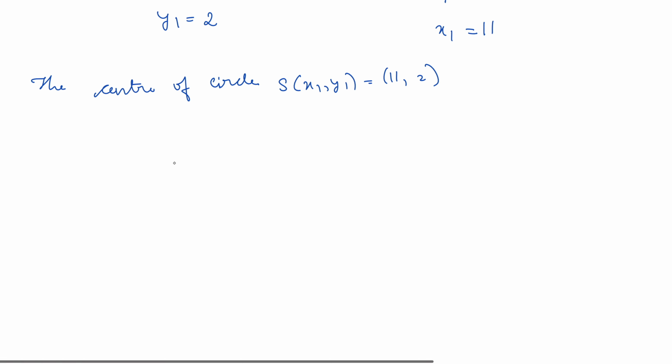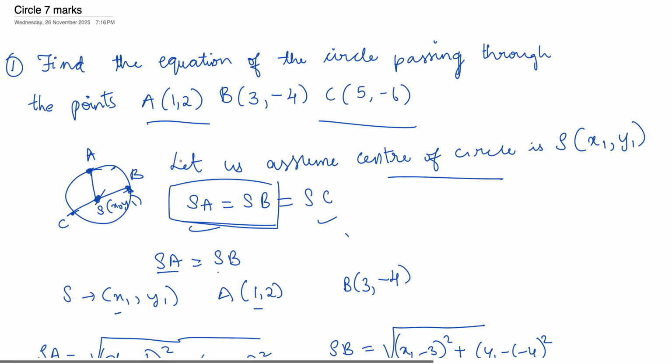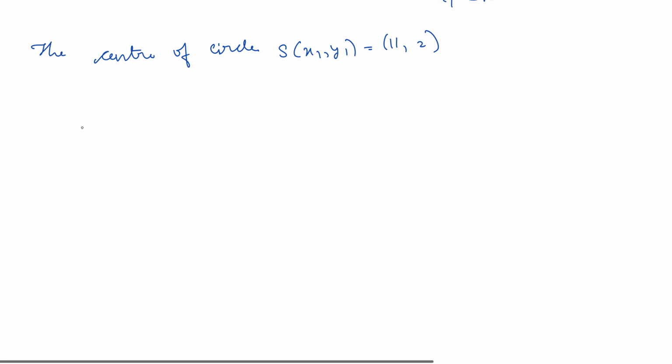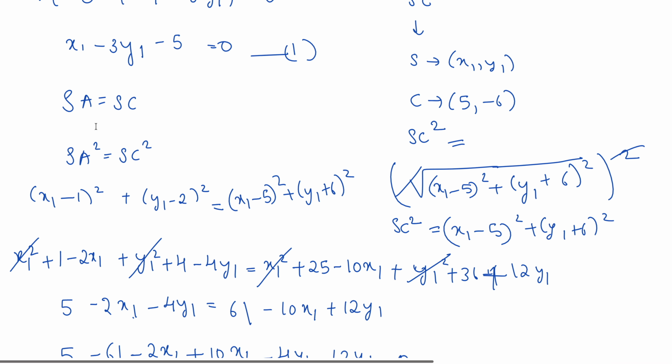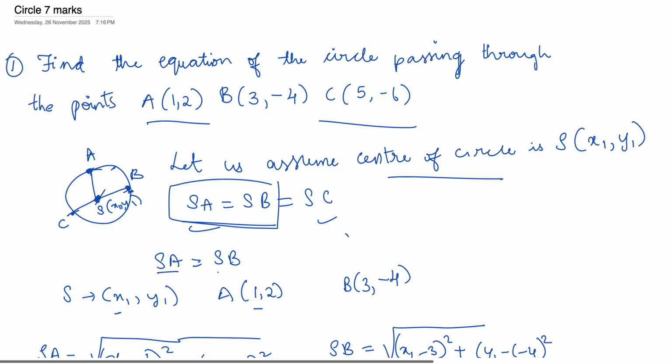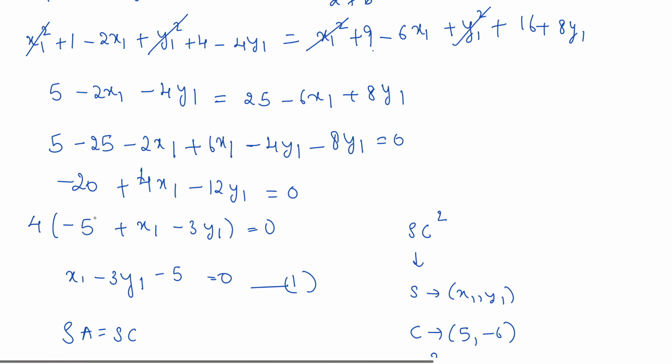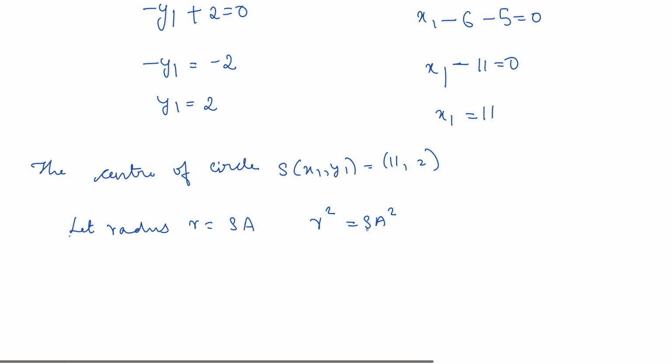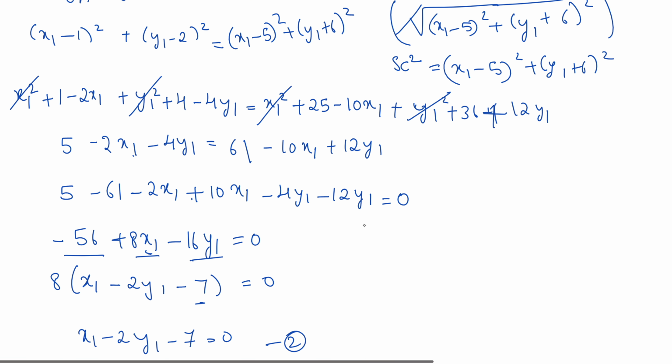Okay. Now what was the other part of the question? We need the equation of the circle passing through the points. We got the center of the circle, and let's find out the radius. So SA is also radius, SB is also radius, SC is also radius. We can find the radius through any point. So let radius R equal SA. So R square is SA square.